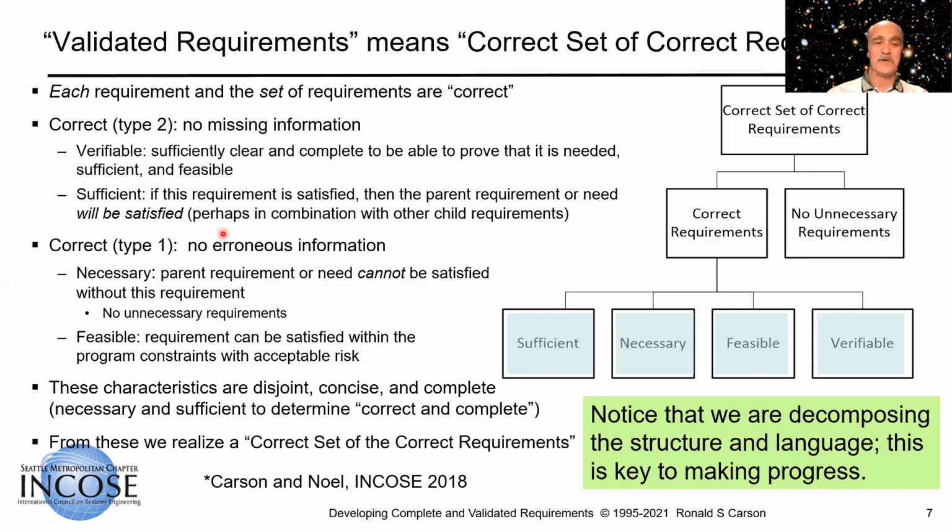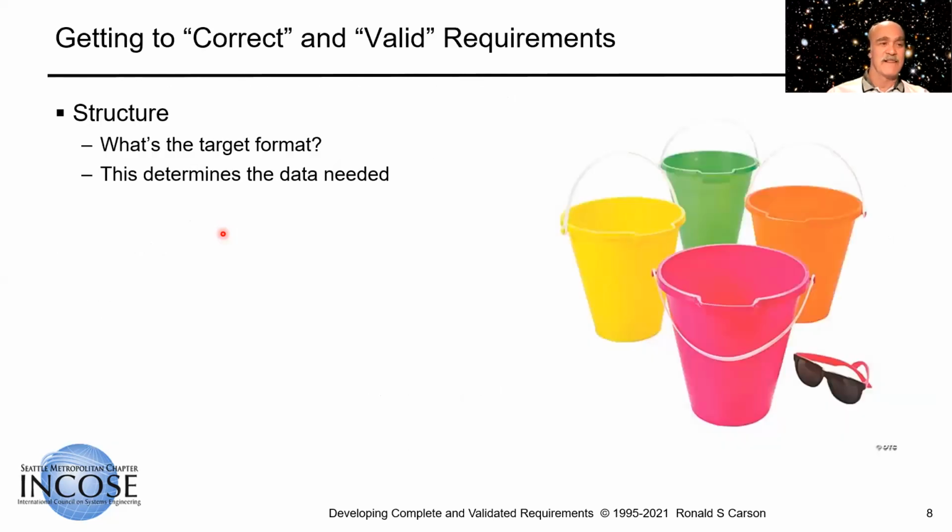Like in most things in the sciences and engineering and complex problems, we make progress by decomposing. So we take a concept and we break it down into manageable and measurable pieces, and then we can make progress on a solution.